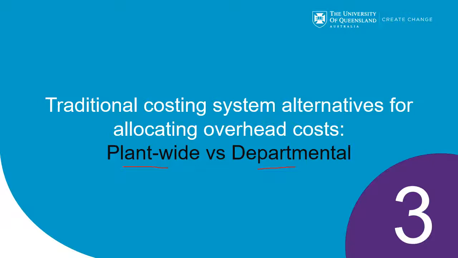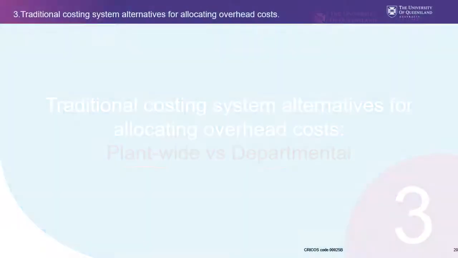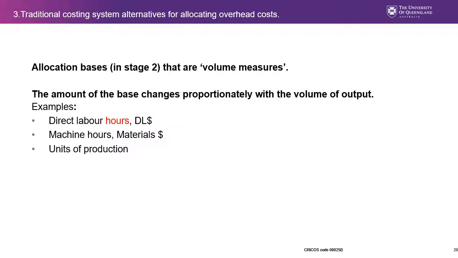This is a more refined costing system where we're allocating costs based on multiple cost allocations. Allocation bases that are volume measures, where the amount of the base changes proportionately with the volume of output, are things like direct labour hours, machine hours, or units of production.